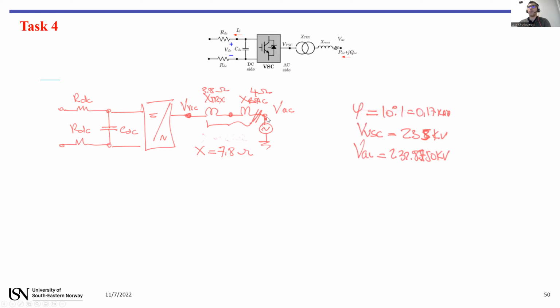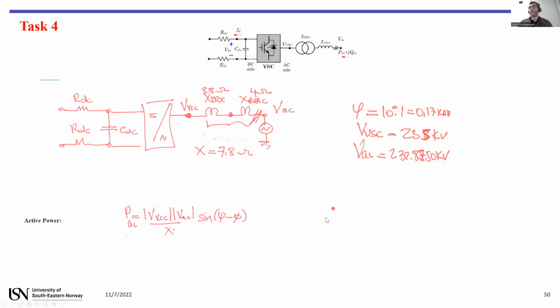And the phase angle between these two voltages is approximately 10 degrees. The voltage of VSC is 235 kilovolt, and the voltage of AC is 232, which I calculated before. You have to convert from the right side of the transformer to the left side of the transformer.